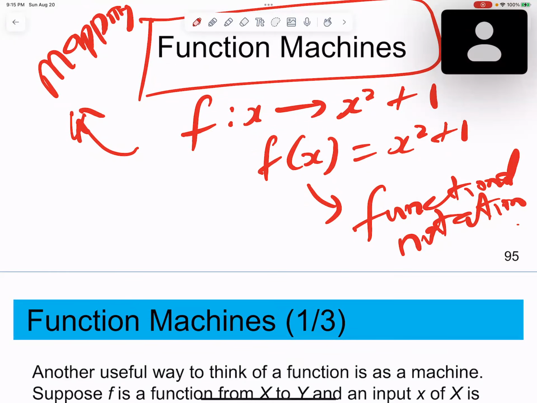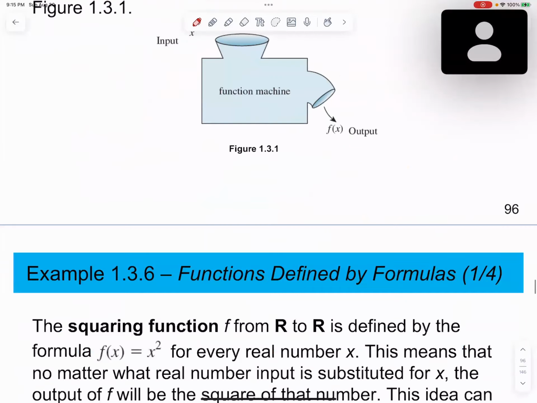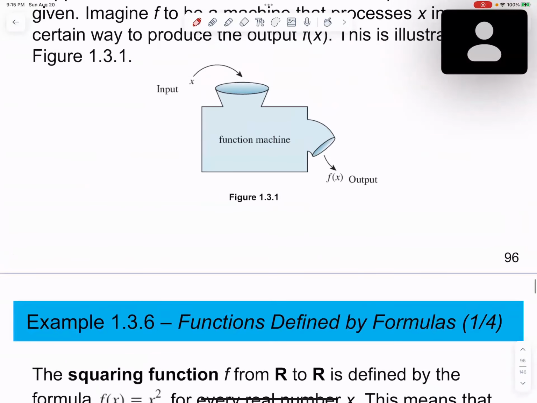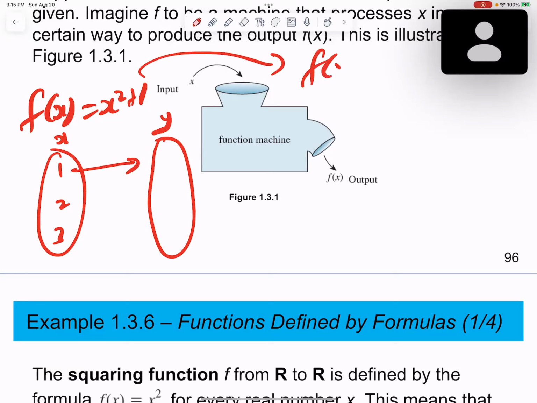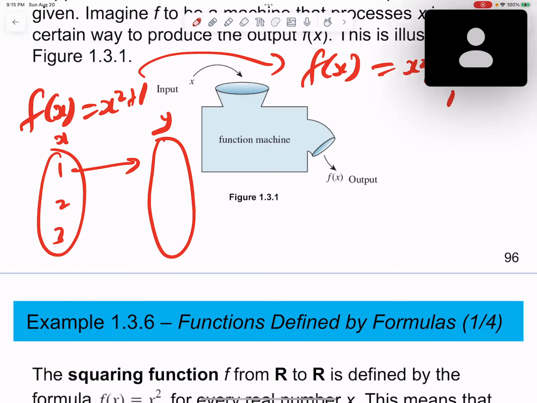If you have a function defined as f(x) equals x squared plus 1, and all your x are 1, 2, 3, that's your input. The outputs, you can call y. So you can also write it as y equals x squared plus 1. So you can call this y, which is the output.